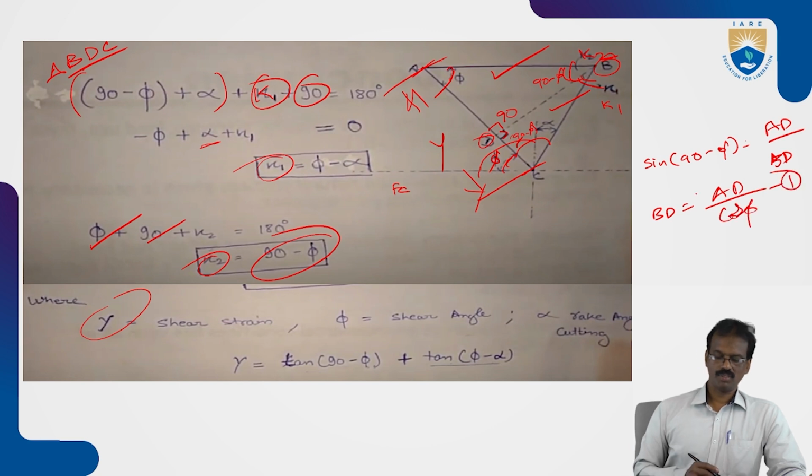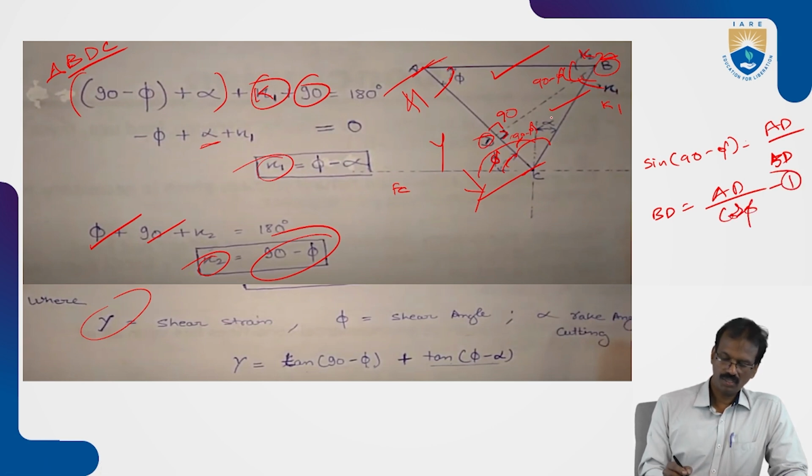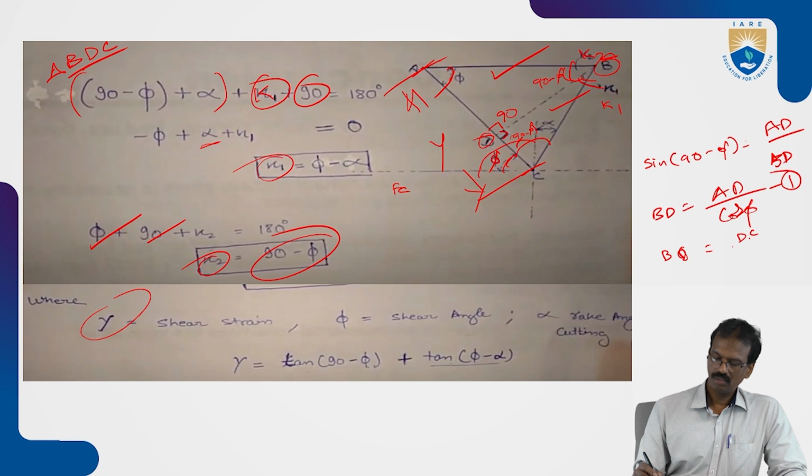Okay, this is the equation. Similarly, you can use this triangle. So that triangle is equal to 90 minus phi, and this triangle is equal to phi minus alpha. If you take that one, then you will get one more relationship for the BD value. If you equate these, then you can find out DC by sine of phi minus alpha.